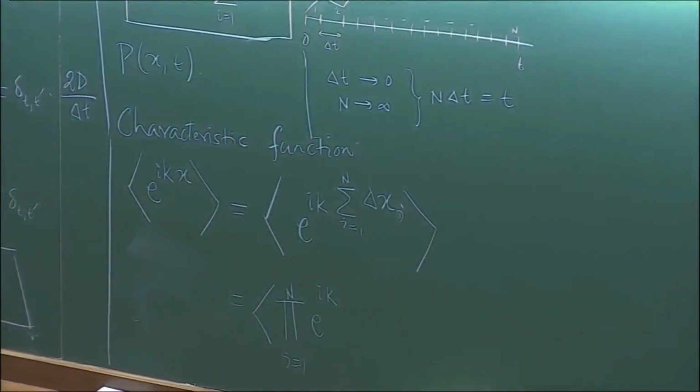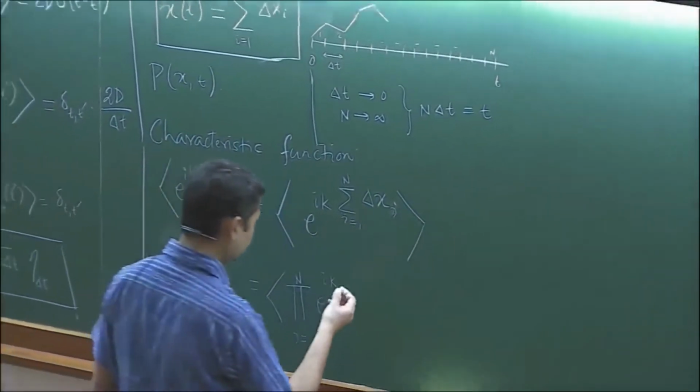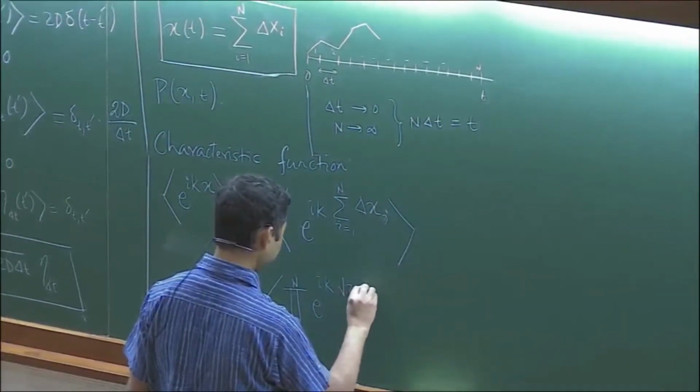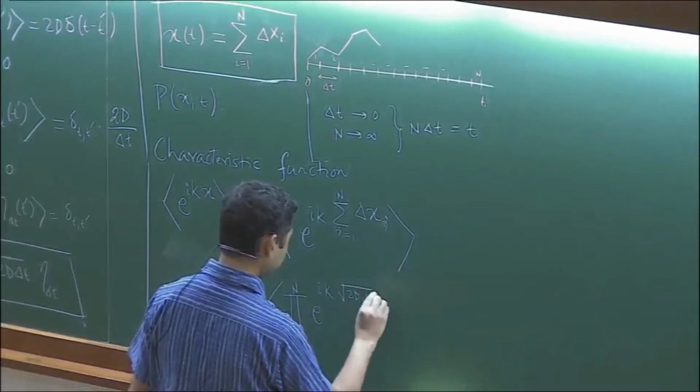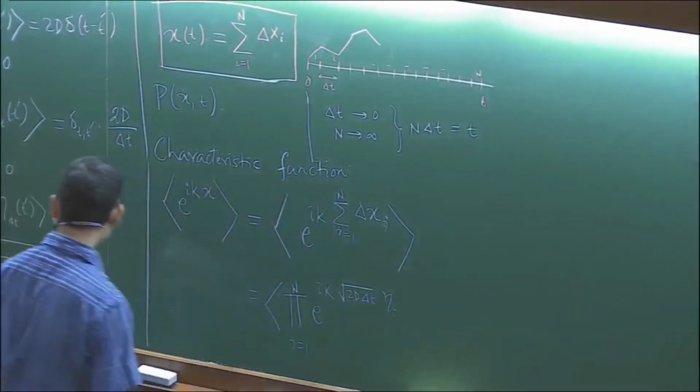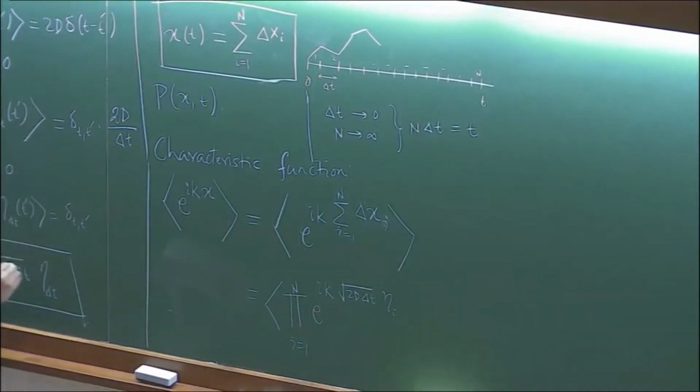So delta x_i is square root of 2D delta t, and eta, let's just call it eta_i. Is it clear?